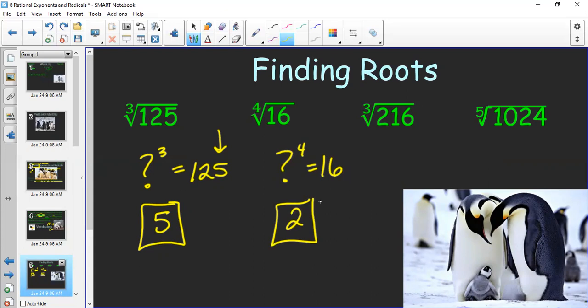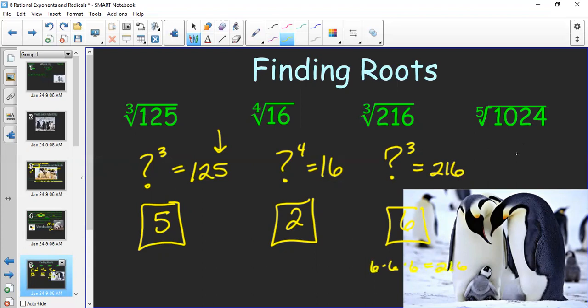All right, the next one: what number to the 3rd power is going to give me 216? This is a tougher one, but some of you might be able to figure it out. It's the number 6, because 6 times 6 times 6 gives us 216.